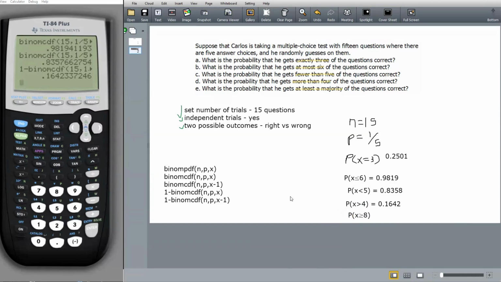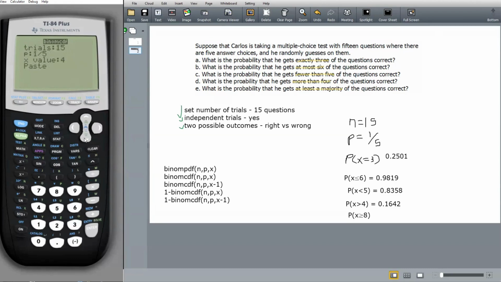Which means I will be using my last preview as my means of plugging numbers into my calculator. In this case, I will do my 1 minus first because I am doing a greater than value. Then I will do second, vars, binomial CDF. My number of trials is 15. My probability is 1 out of 5.